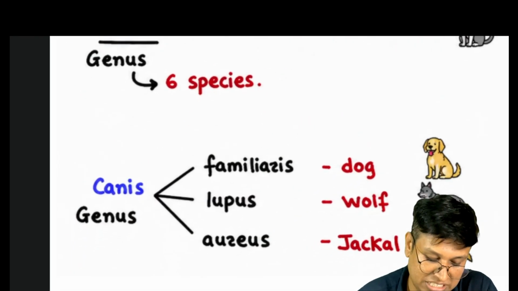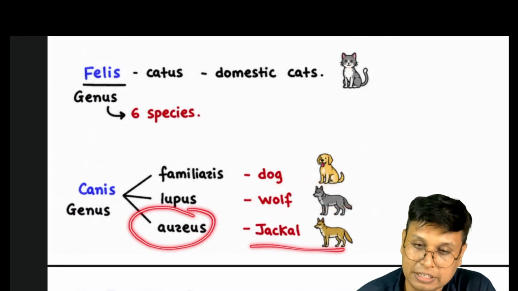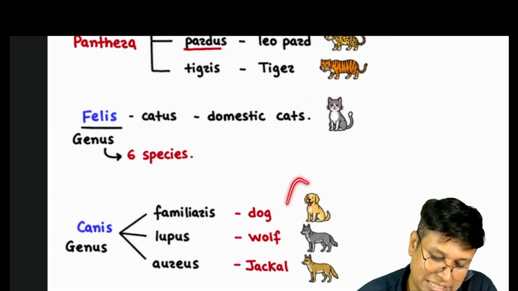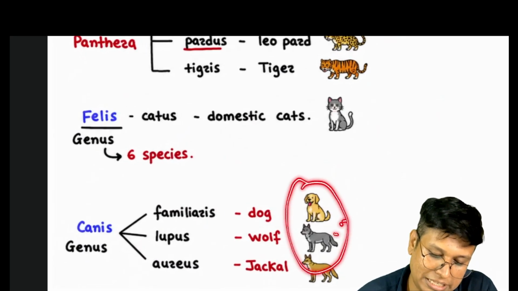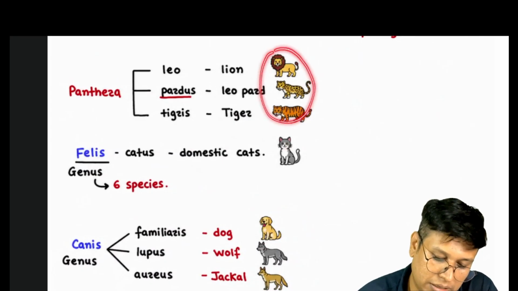Canis everybody knows, this is the dog family. Canis familiaris is our domestic dog. Canis lupus is our wolf. Canis aureus is our jackal. So these have more in common with each other than with the others. That is very simple. A lion is closer to a leopard or tiger than to a dog.